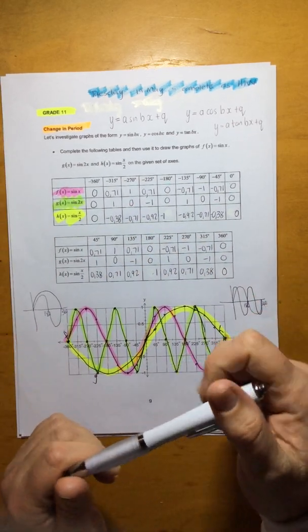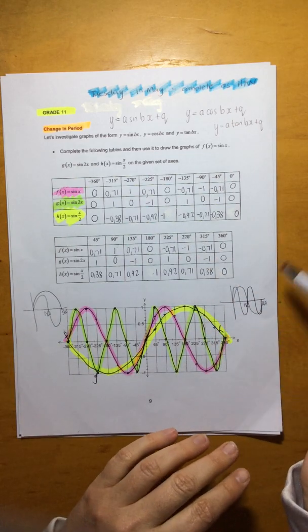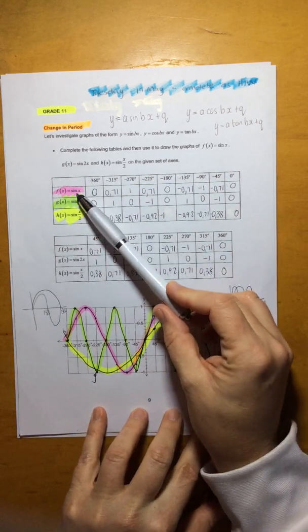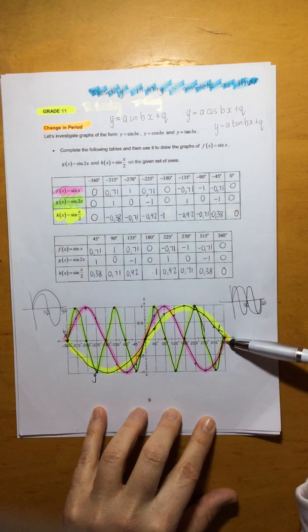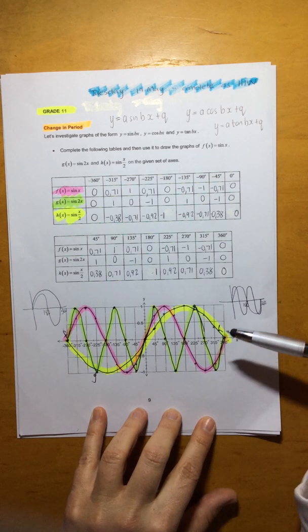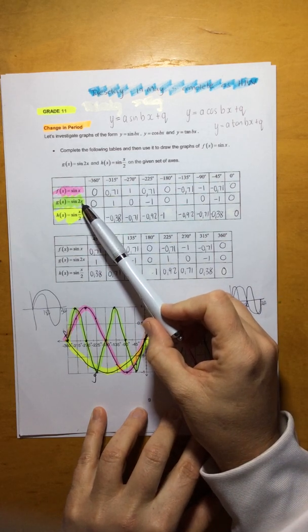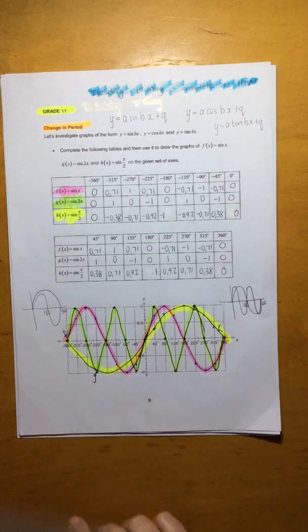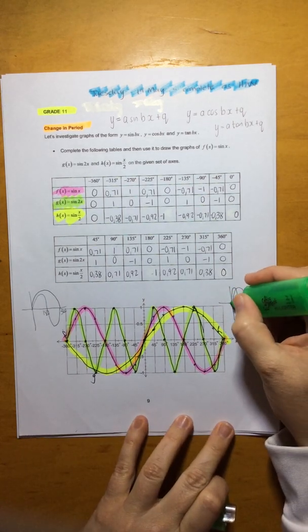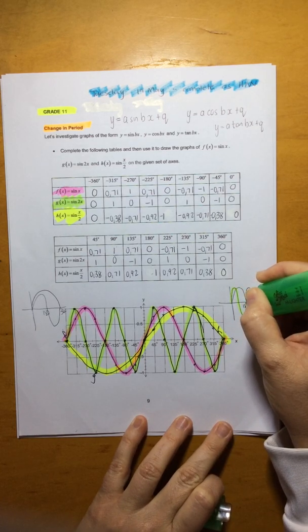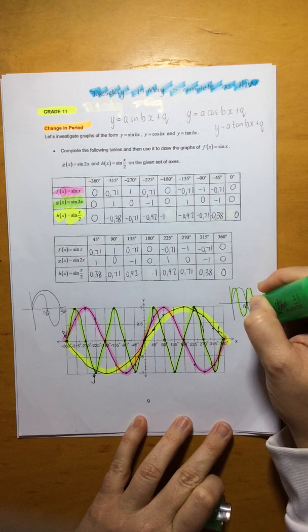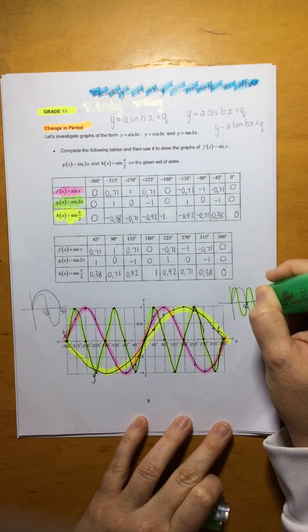So this investigation, what you should have noticed when you drew these graphs, is that a normal sine graph takes 360 degrees to complete. What happened when I added a 2, and I did it on the side here, is that instead of having a complete graph from 0 to 360, I now had one complete graph in 180 degrees and a second one for the next 180 degrees.